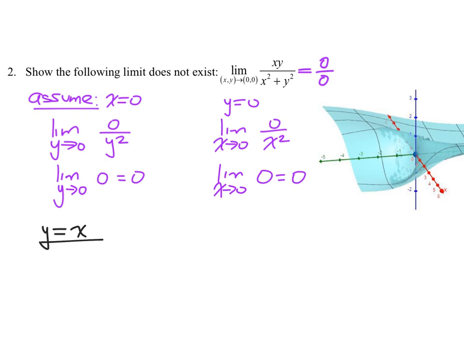All right, so I can redefine my limit where x is equal to some variable t, and y is equal to some variable or parameter t, right? And that allows me to say that the limit as t approaches 0, right?